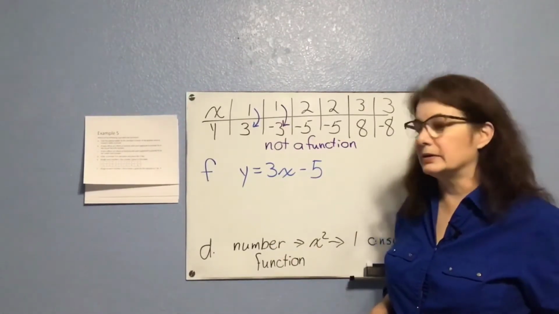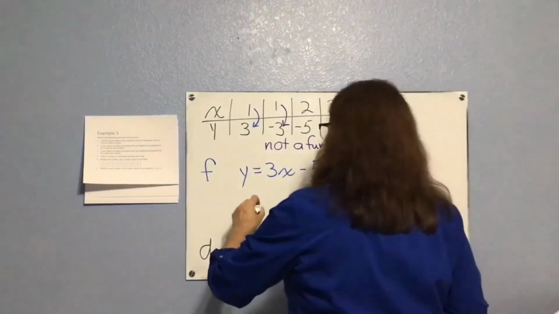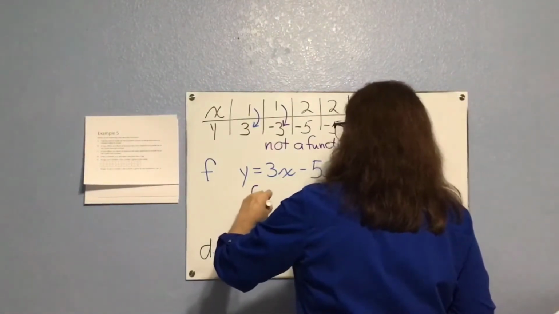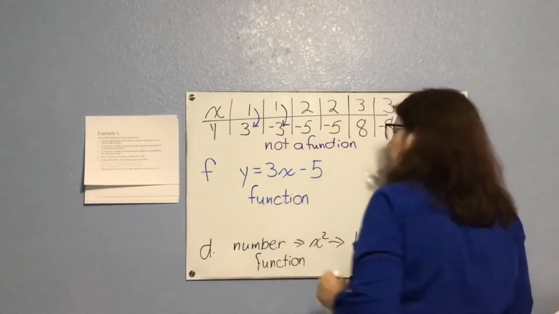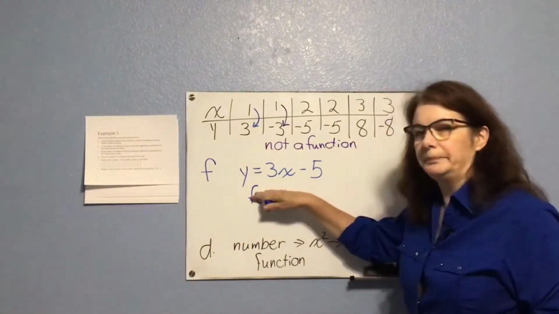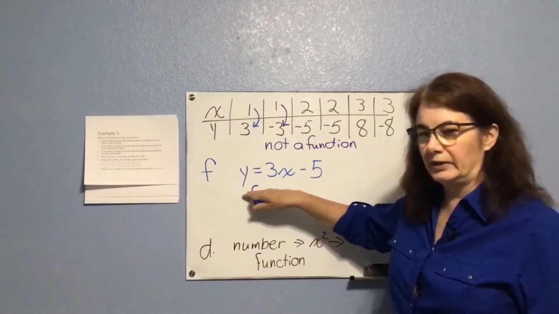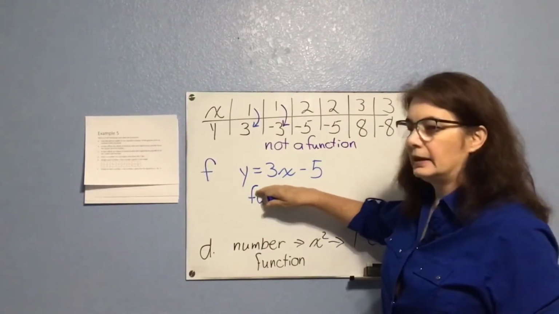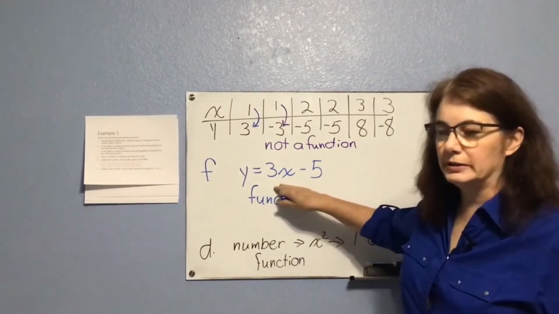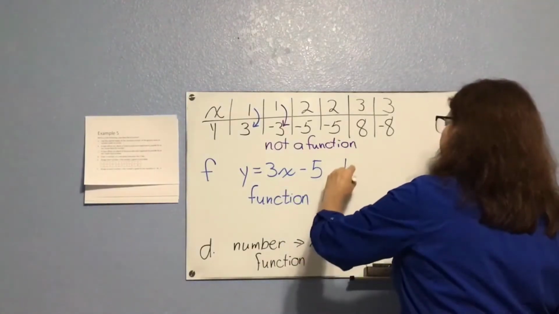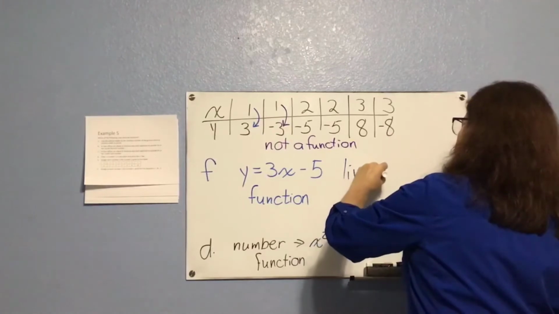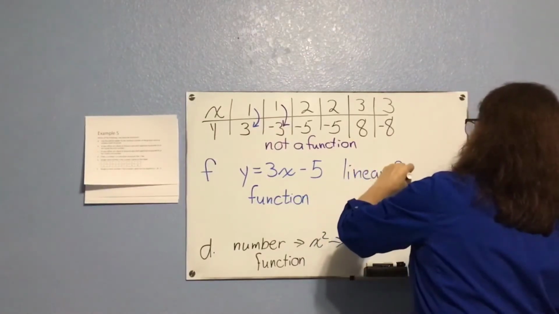And the answer there is no. So this is a function. And you might recall from the last chapter that this is a linear equation, and therefore it is a linear function.